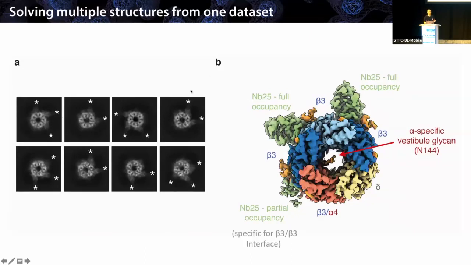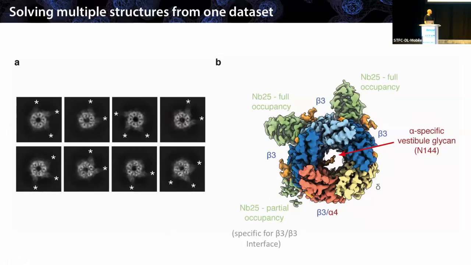And if you use all the particles to reconstruct the consensus map shown here, at this position of the red subunit, there will be features of both an alpha, which is this alpha-specific vestibule glycan, and the beta, because you see partial occupancy of the nanobody here, which should only bind if these 2 subunits are both blue.